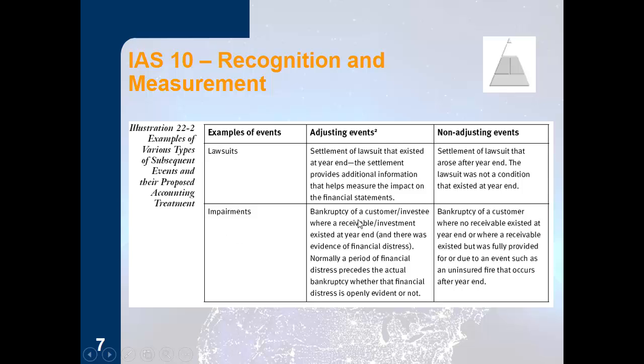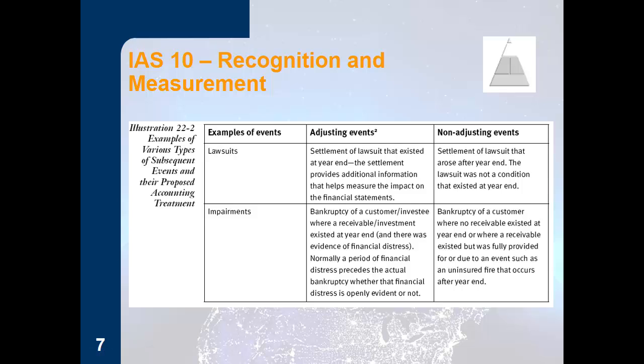If we have a customer or an investee that goes into bankruptcy and there was evidence of the financial distress, and we had a receivable or an investment that existed at the end of the year, normally these financial distress periods are preceded by, actual bankruptcies are actually preceded by financial distress.